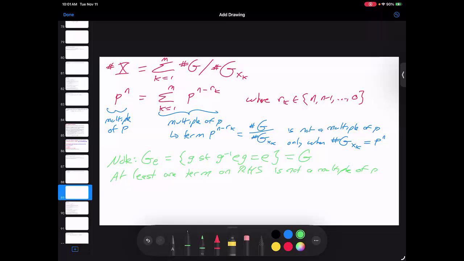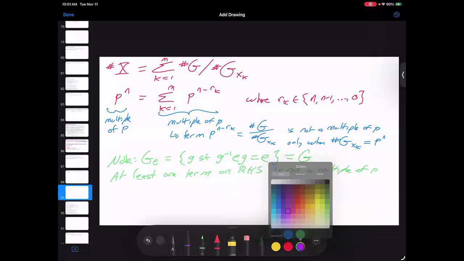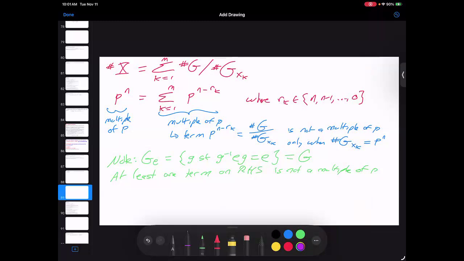Well, the left-hand side's a multiple of p. The right-hand side has to be a multiple of p. Every term on the right-hand side is a multiple of p unless rk equals n. And we know there's at least one element where rk equals n. When we look at the stabilizer of the identity, we know we get one. Is it possible that that's the only element whose stabilizer has size p to the n?